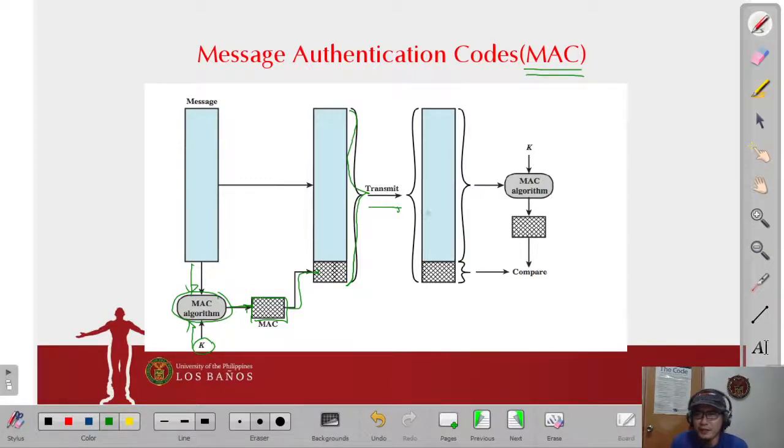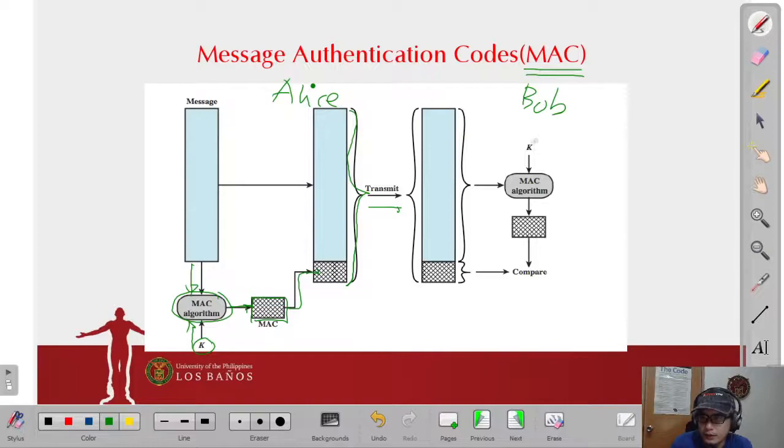And at the receiver end, let's say this is Alice, this is Bob. When Alice sends data to Bob, Bob will receive this piece of data.